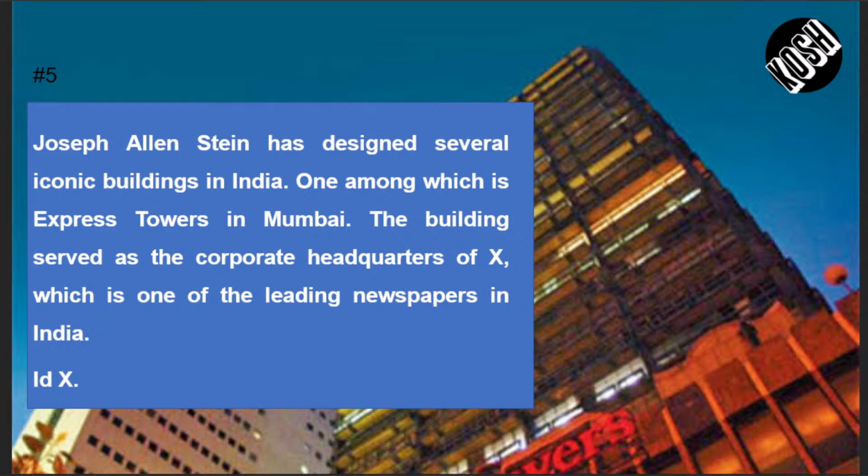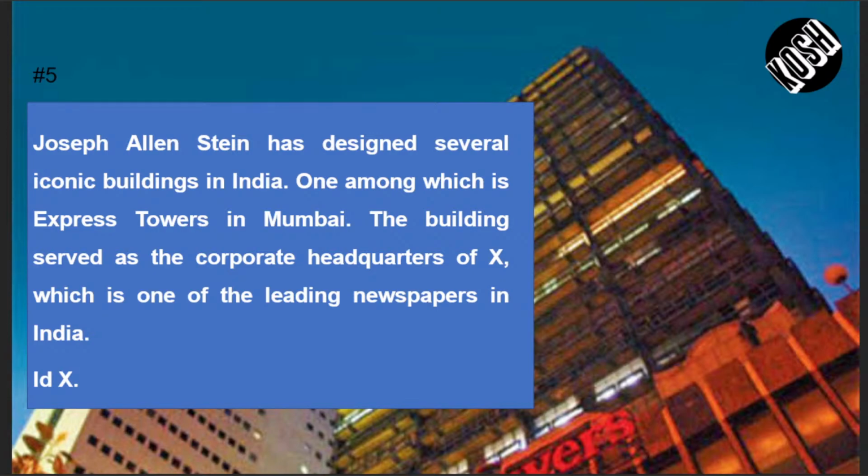Joseph Allenstein has designed several iconic buildings in India, one among which is the Express Towers in Mumbai. The building served as the corporate headquarters of X, which is one of the leading newspapers in India. So we already know Joseph Allenstein was the architect behind India Habitat Center, but apart from that, he had also created, I already told you, Indian Institute of Management, Kozhikode, and one particular building, Express Towers in Mumbai, the background of which is already visible on your slide.